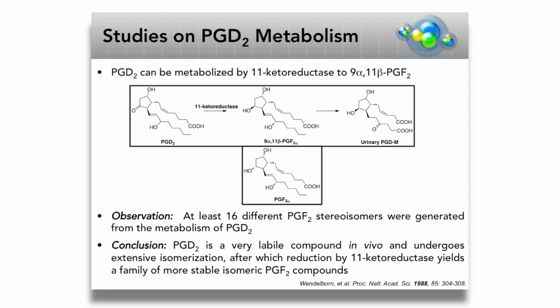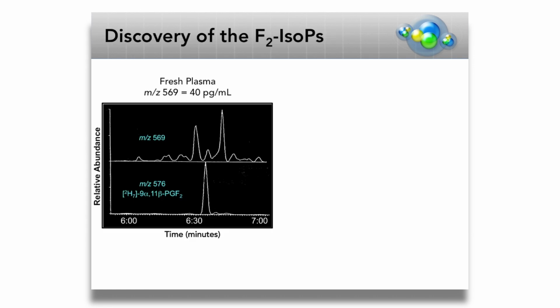In a publication in 1988, they concluded that PGD2 is a very labile compound in vivo, and that it undergoes extensive isomerization, after which reduction by 11-keto reductase yields a family of stable isomeric PGF2 compounds as metabolites. This slide shows a chromatogram of the different peaks that they observed in the GCMS that they attributed to prostaglandin D2 metabolism.